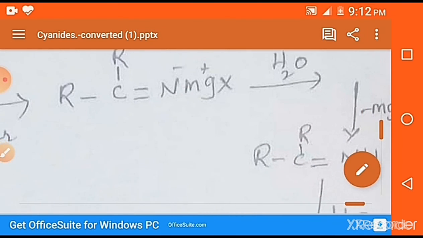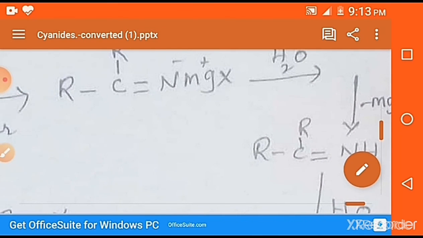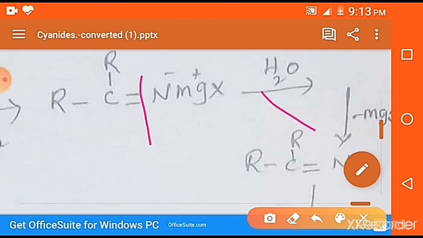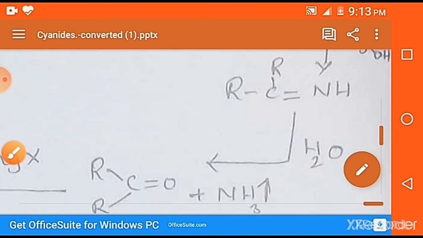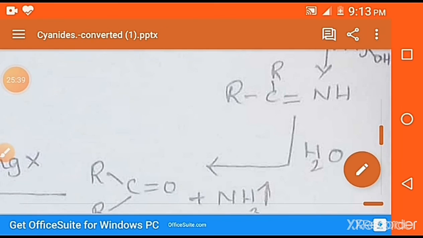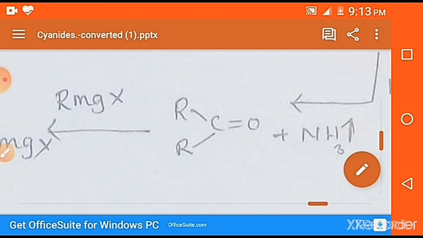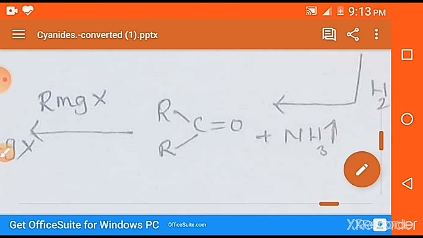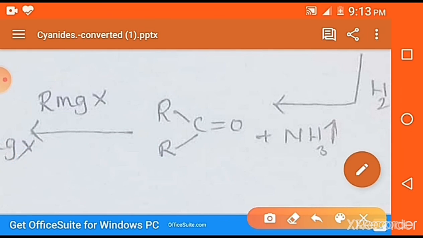On hydrolysis, this bond breaks and you get this type of compound. On dehydration, that means once again dehydration, so here should be OH. On addition with water, you get a ketone, a carbonyl compound.